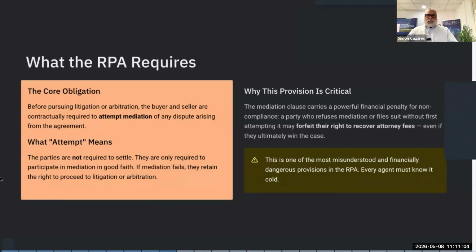So, what does the RPA require? The core obligation: before pursuing any litigation or arbitration, the buyer and the sellers are contractually required to attempt mediation. That's what it says. Before you think about doing this, why don't we try to get a mediation involved? Because the minute that you get an attorney, the attorney is going to charge you $500 or a retainer of $5,000 every time you call them. A minute is their charge.